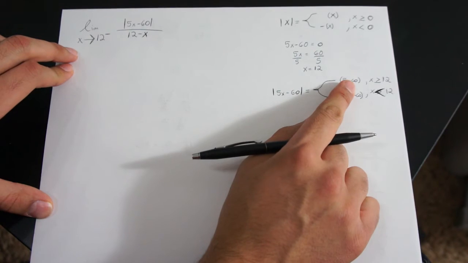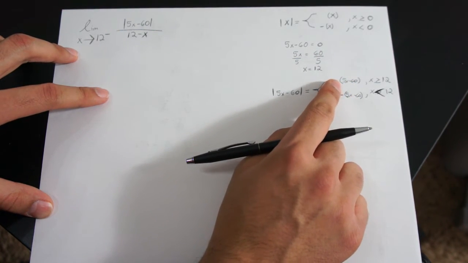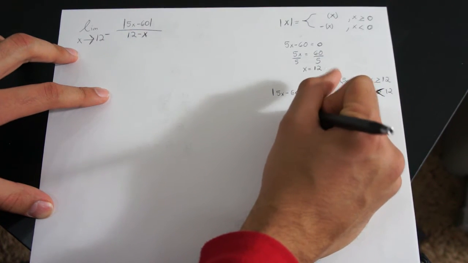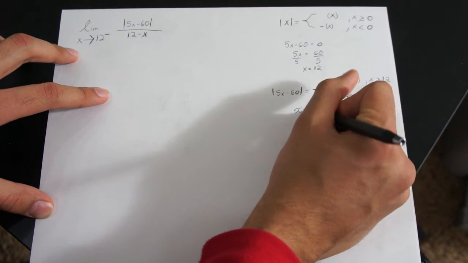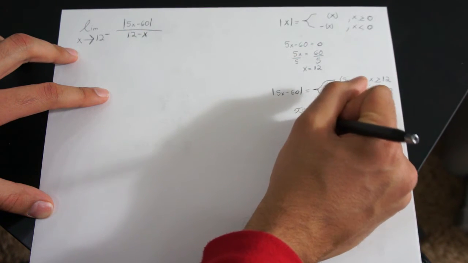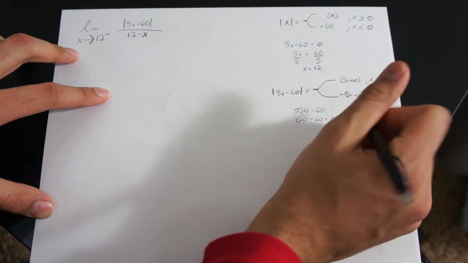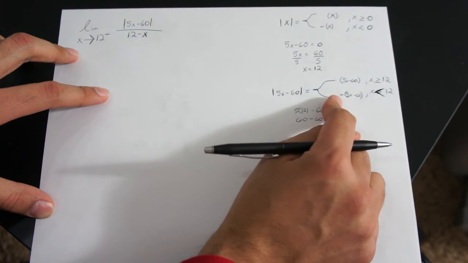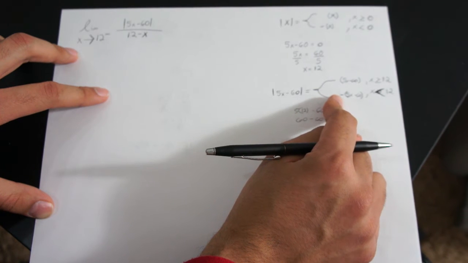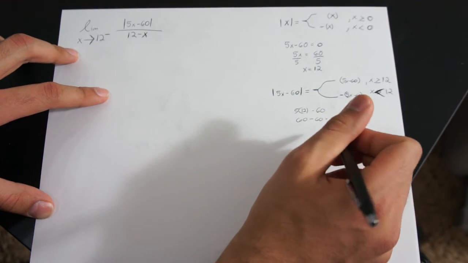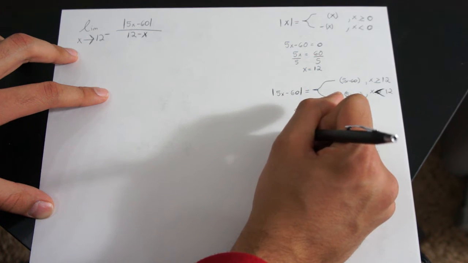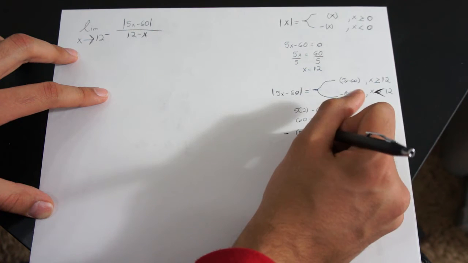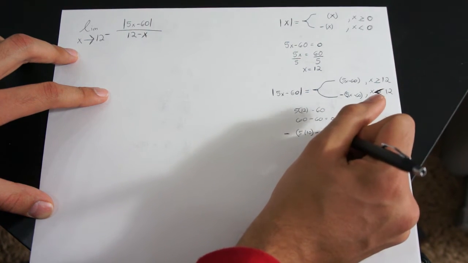So if you're still a little bit confused about this, if we plugged in 12 right here, it would be 5 times 12 minus 60. We get 60 minus 60, which is just equal to 0. So if we got 0 right here, it would still be the absolute value. But if we plugged something less than 12 in, say for instance 10, we'd have the negative out front, and we would have 5 times 10 minus 60.